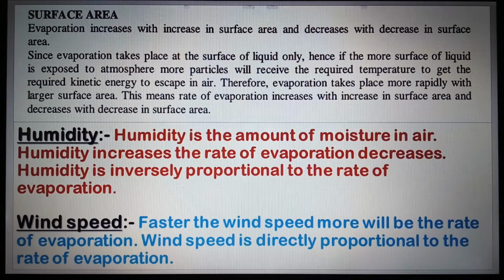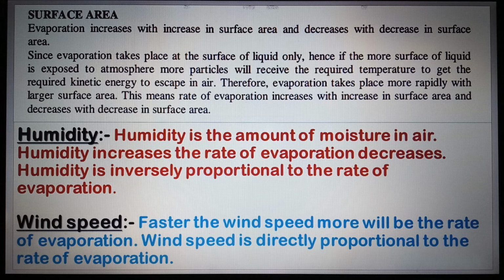Talking about humidity, humidity is the amount of moisture in the air. When more water vapor is already present in the atmosphere, the rate of evaporation will decrease. Here humidity is inversely proportional to the rate of evaporation, because when there is already water vapor in the atmosphere, the tendency to evaporate becomes lesser.